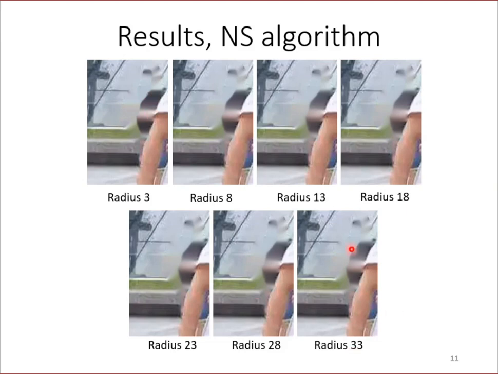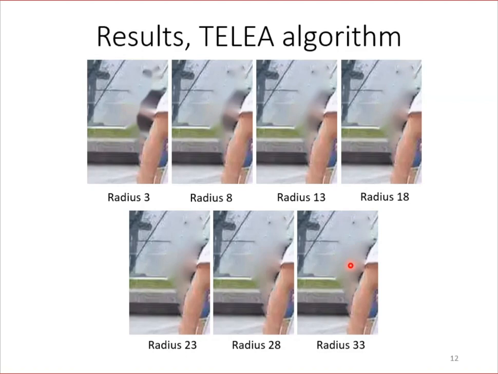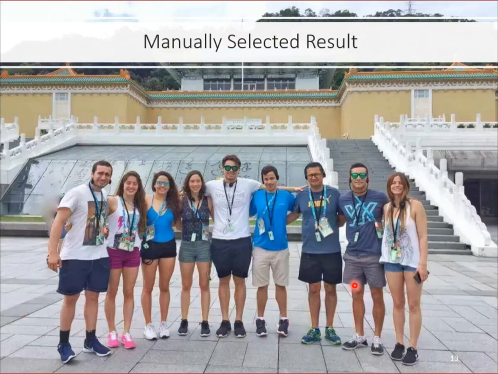When I set a larger radius, say 33, then it becomes blurred, but the result is not good. And let's see the other algorithm here. For a small radius of 3, it looks similar to the NS algorithm. But when the radius is large, the background is almost blurred out, very smooth.